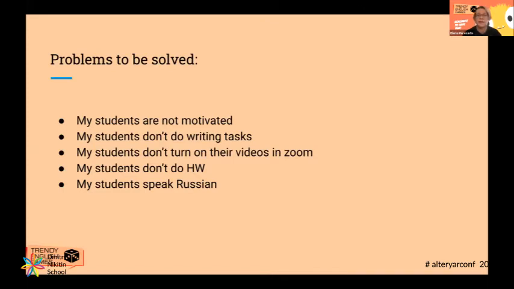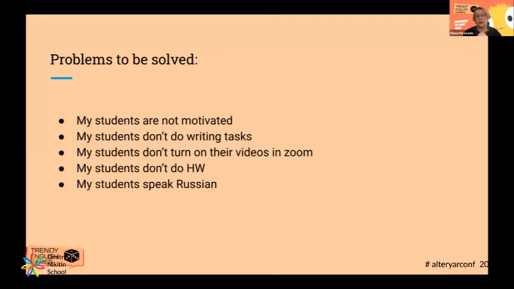This point should be solved by means of team building, and maybe working with the groups and understanding why teenagers don't turn on videos in their Zoom lessons. Gamification can help here, of course, but it's not the best way of solving this problem.